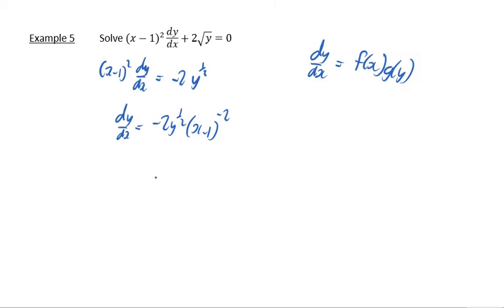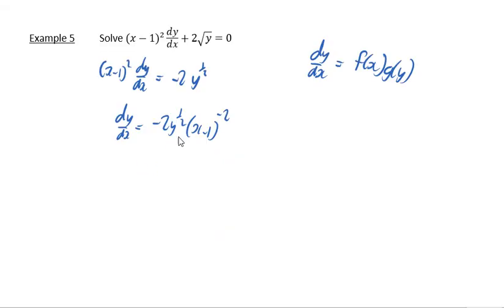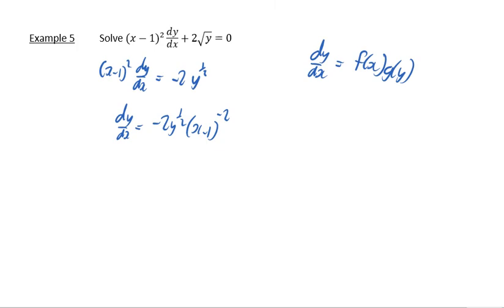So I'm actually just going to bring the y to the power of a half across. It will become y to the minus 1/2 times your dy by dx is equal to minus 2 times x minus 1 to the power of minus 2. And then we'll separate the variables.